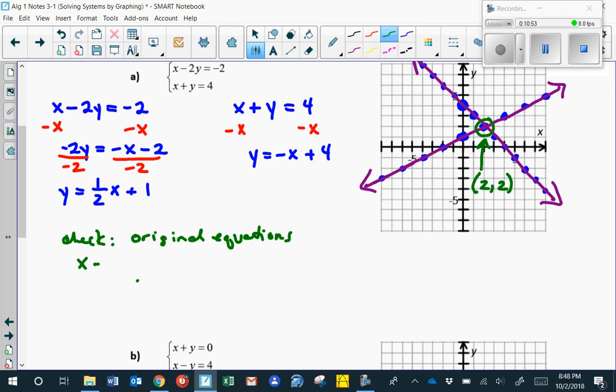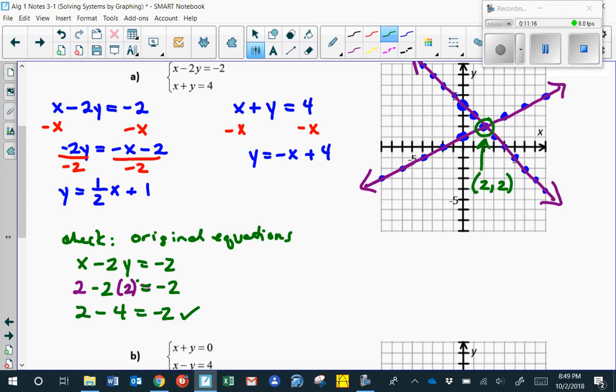So my first equation is x minus 2y is equal to negative 2. I'll replace the x with 2 and the y with 2, and we'll see if the arithmetic works out. 2 minus 4 is equal to negative 2.